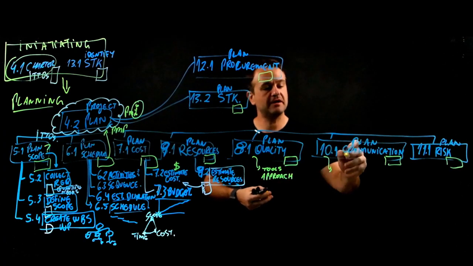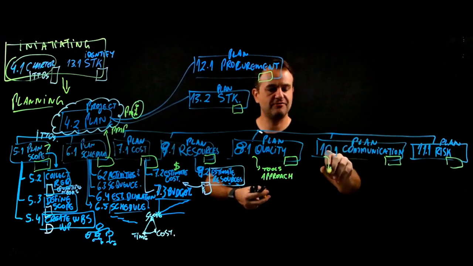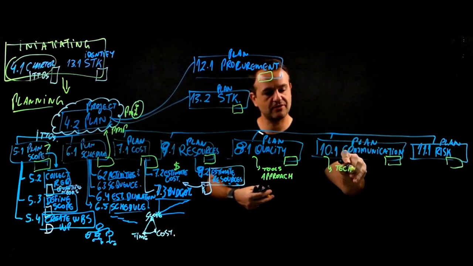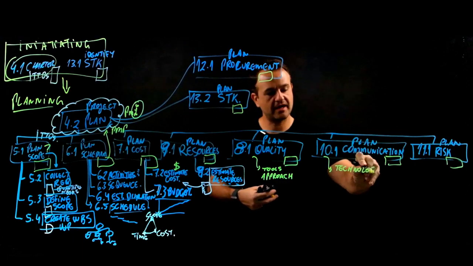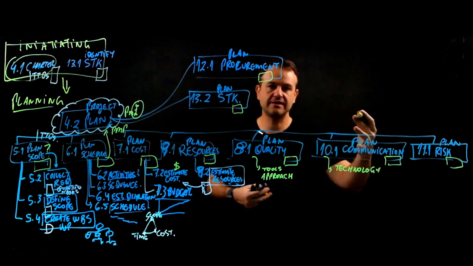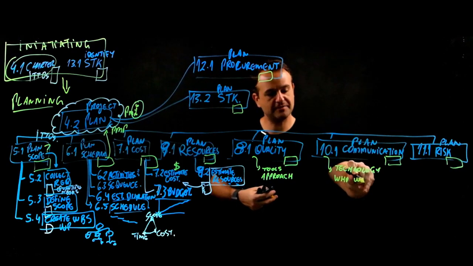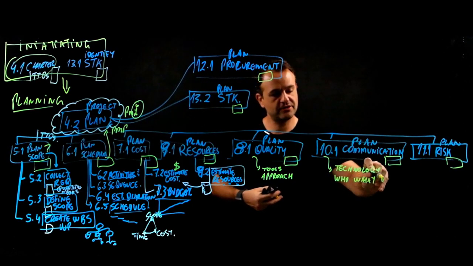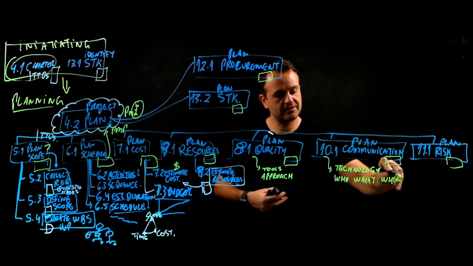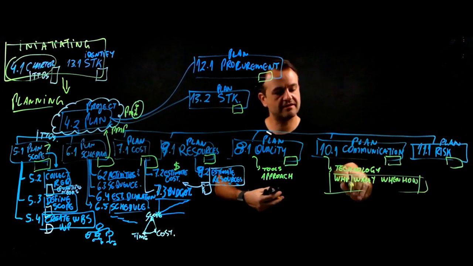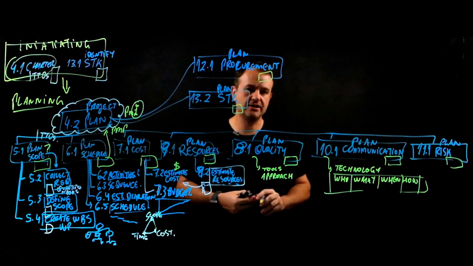And here we plan the approach, what kind of media or technology we are going to use for communications, when, how you create a matrix for communication, who is going to need what information, when they are going to need it, how they are going to receive this information. So this is important stuff we have here in the communications plan.